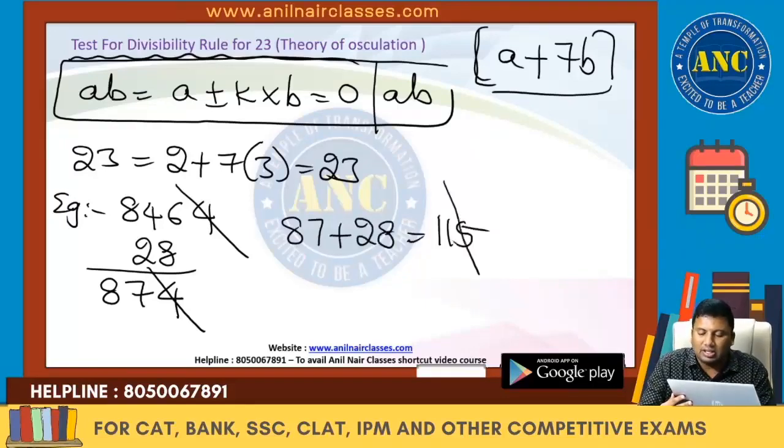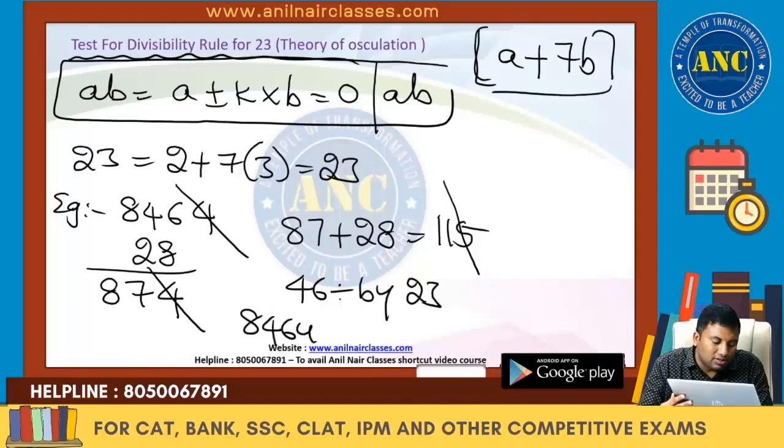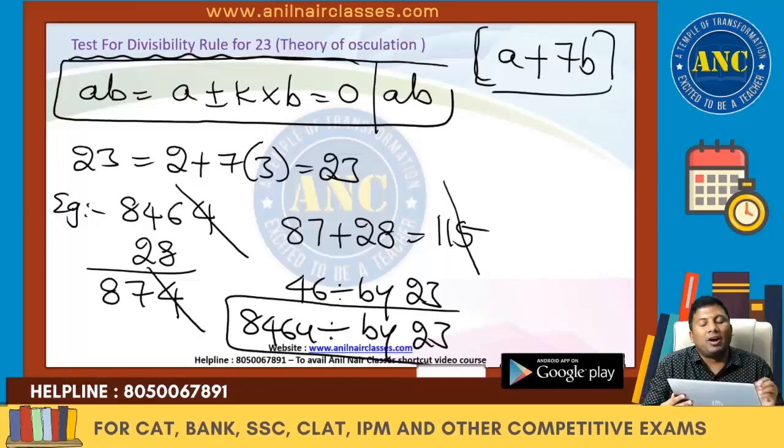Take the unit digit, 7 5s are 35 plus 11, 46. 46 is divisible by 23. So 8464 is divisible by 23. I hope you are enjoying finding out the divisibility rule for any prime number. Idea clear, right? Next one.